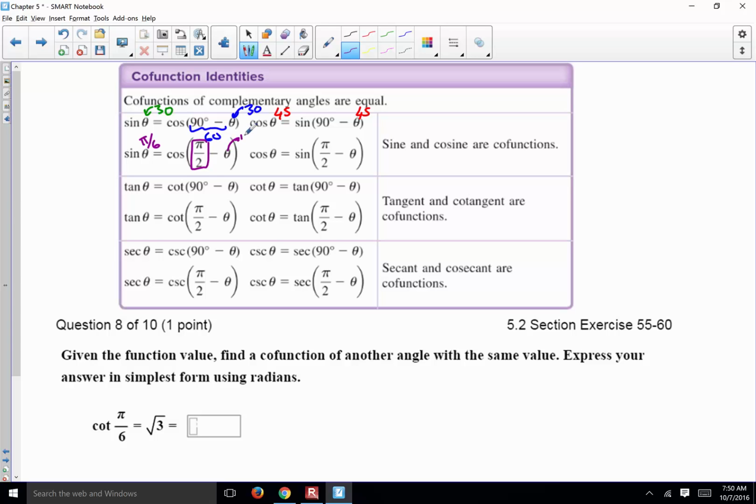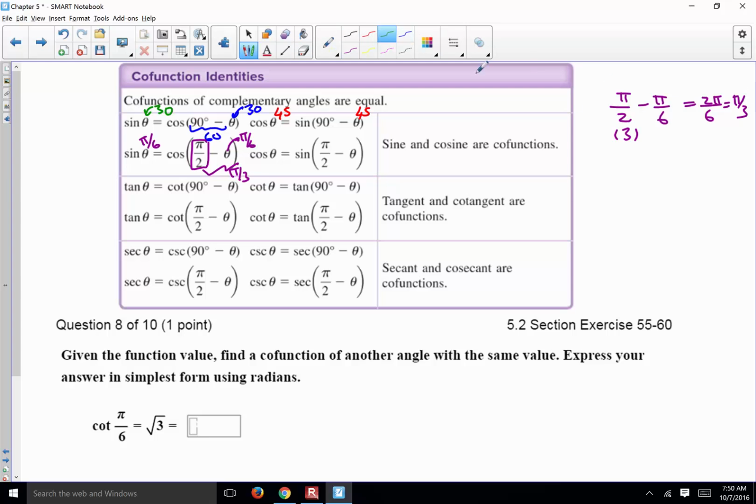All you need to do is subtract pi over 6 from pi over 2 and compute cosine of that instead. And because 90 minus 30 is 60, you already know, but by setting common denominators, that's 2 pi over 6, or pi over 3.